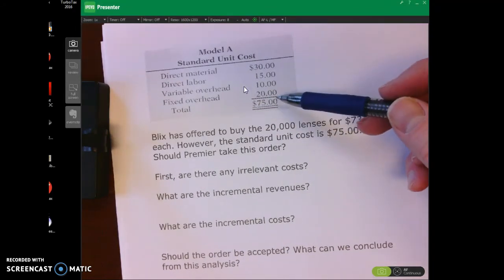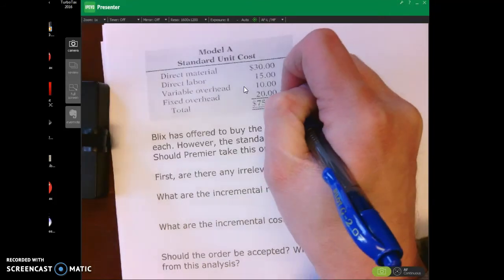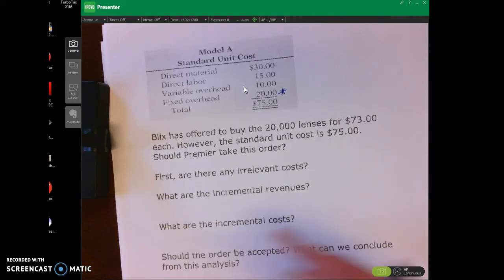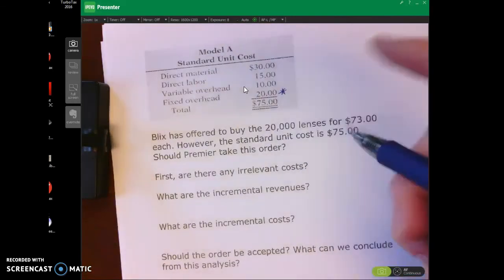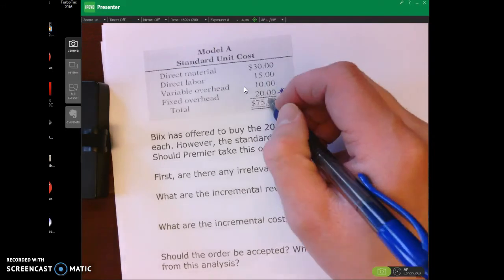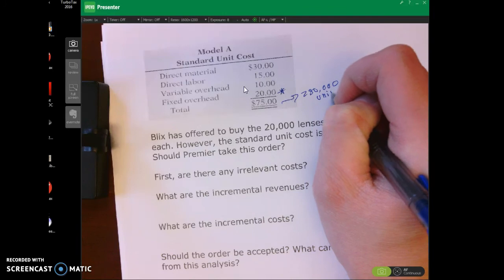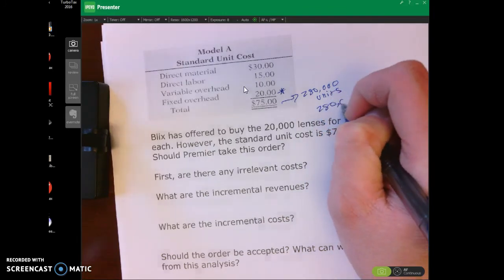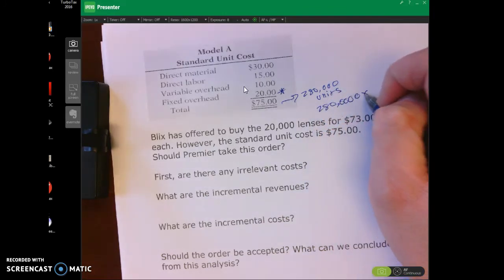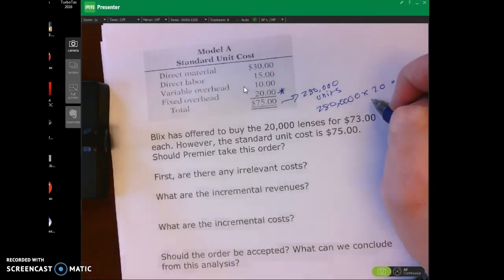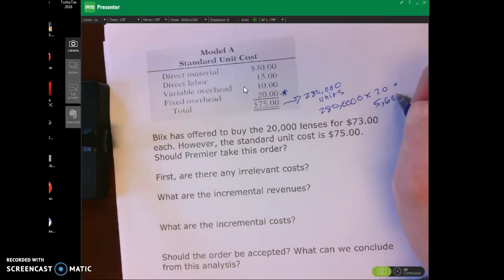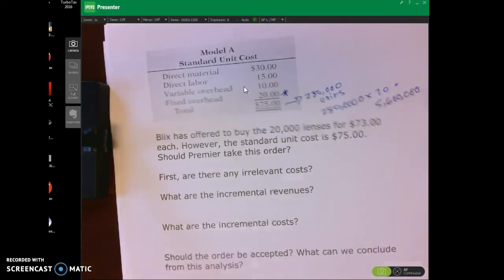But are there some costs that are not incremental? Are there some costs that we will incur regardless of whether or not we take this special order? And yes, there are. If you went over to the prior page, this is based upon 280,000 units. So I could go 280,000 times $20, which gives me $5,600,000 in fixed overhead.